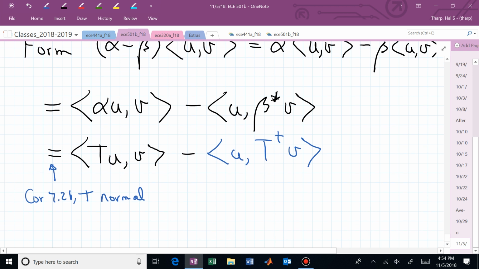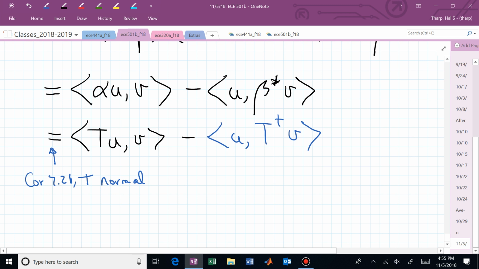Because I knew that beta was an eigenvalue of t, and v was its eigenvector. And t dagger has beta star as its eigenvalue and v as its eigenvector. But what is this? Can I rewrite that? Can I use the definition of the adjoint to slide that t dagger into the first slot?